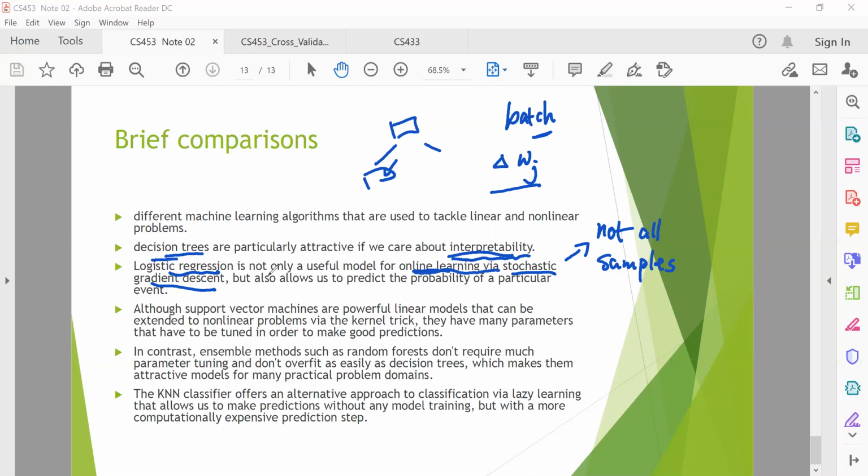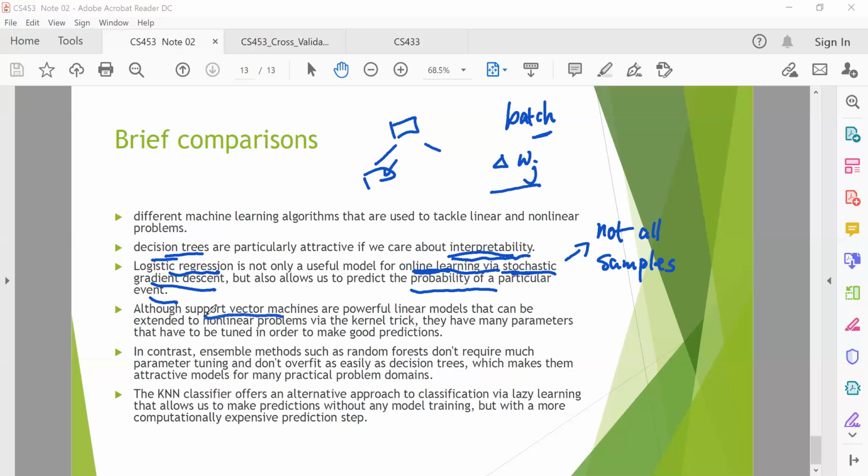So we can also choose stochastic gradient descent with logistic regression. And logistic regression doesn't just stop there. It also gives you the probability of a particular event. You not just do the classification, this class or not, it also gives you the probability that it belongs to that class.